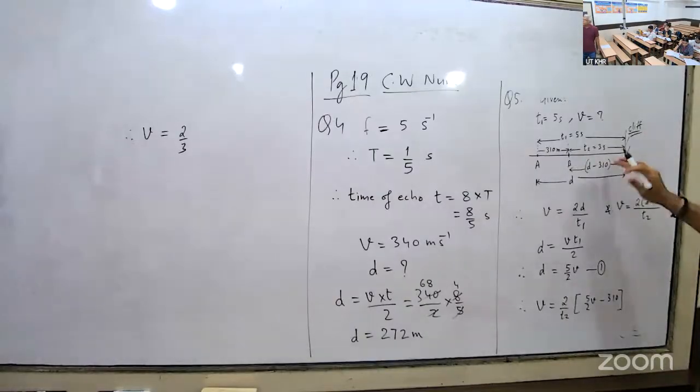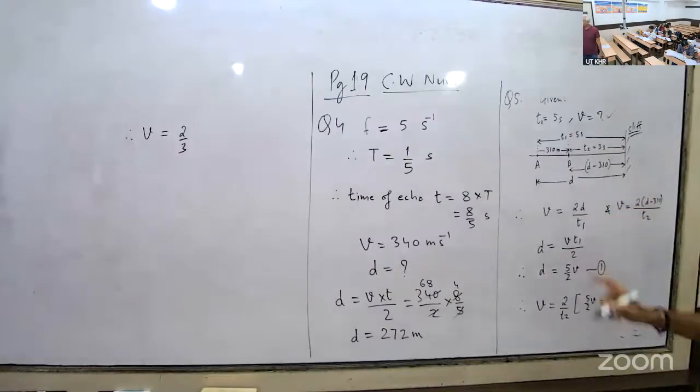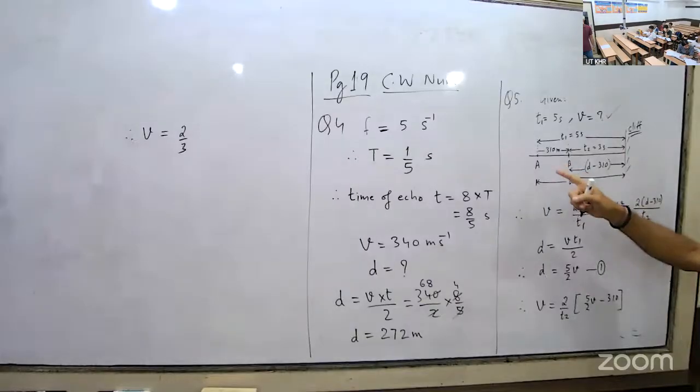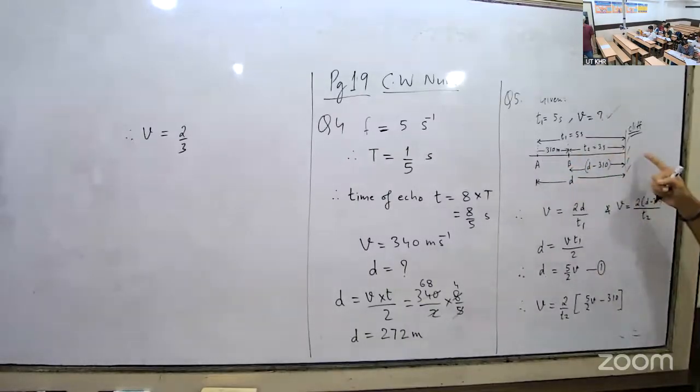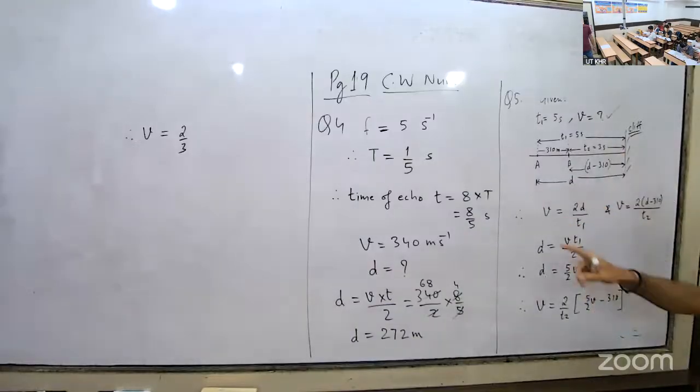So in this question, we have to find the velocity of sound or speed of sound. So what is the formula for V? We can use the formula for echo. For echo, the sound has to travel twice, D and D. So total distance upon time is velocity or speed.